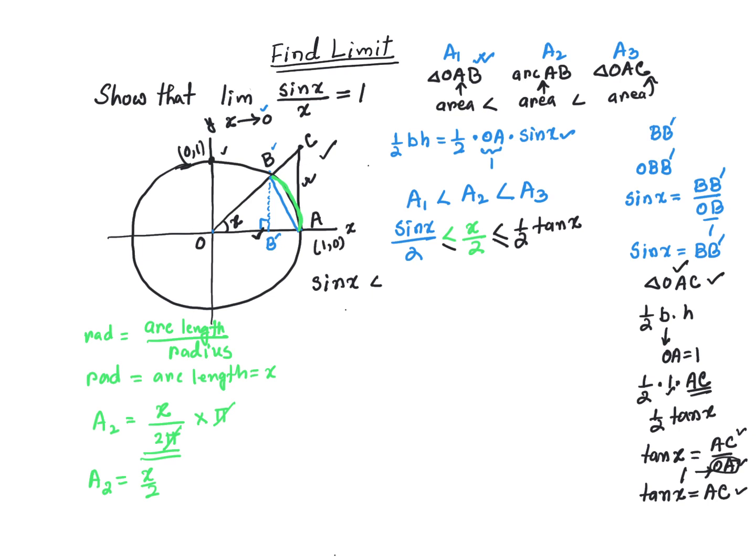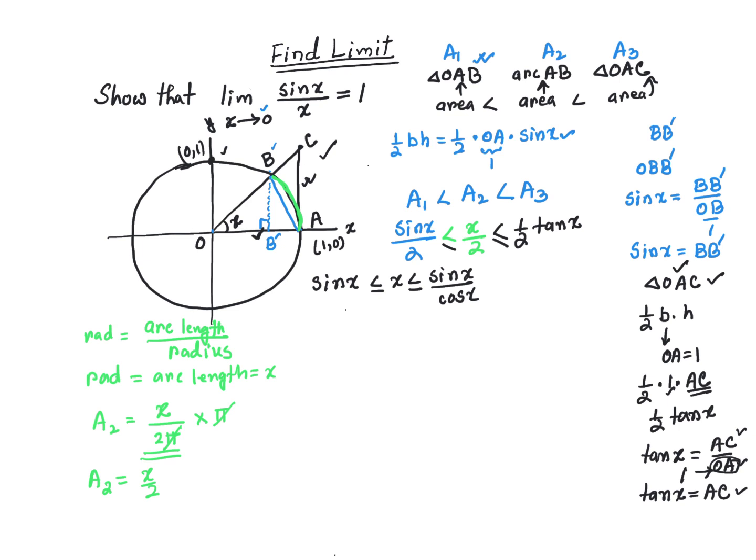Sine of x is less than or equal to x is less than or equal to sine of x over cosine of x. Since we are in the first quadrant, sine of x is going to be positive. So I can divide all three sides by sine of x.